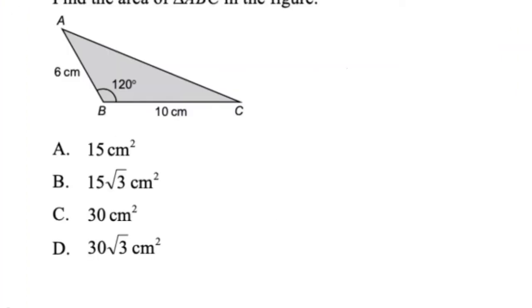And then for this one, you're going to find out the area. So basically, if you add a straight line like this, then you can find out the height. If you can imagine, this one will be 60 degrees. So how to find this one? In this triangle, you have 6, and this is 60. So this one will be 6 sine 60 degrees. And now the base will be 10.